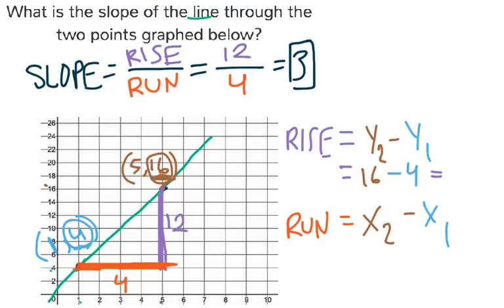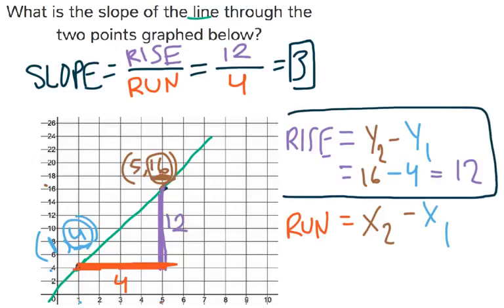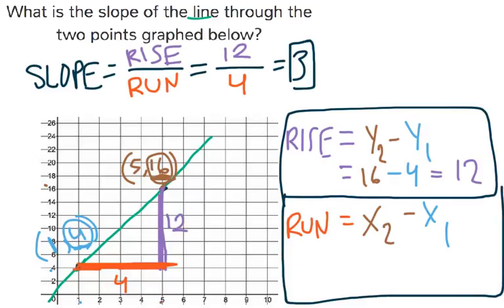So my rise is equal to 12, and then my run is going to be found by doing this. We're going to take x2, which is up here, 5, minus x1 down here, which is 1, and then we get that our run is 4, okay?